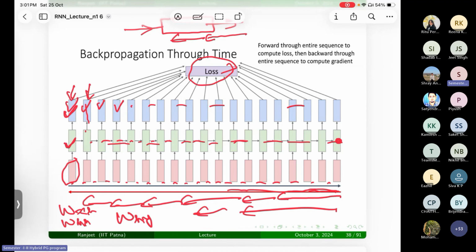So if you go that way, there is a problem here, because it is a very, very time consuming process. And also, if you are processing every state, you also have to store the information of the states.